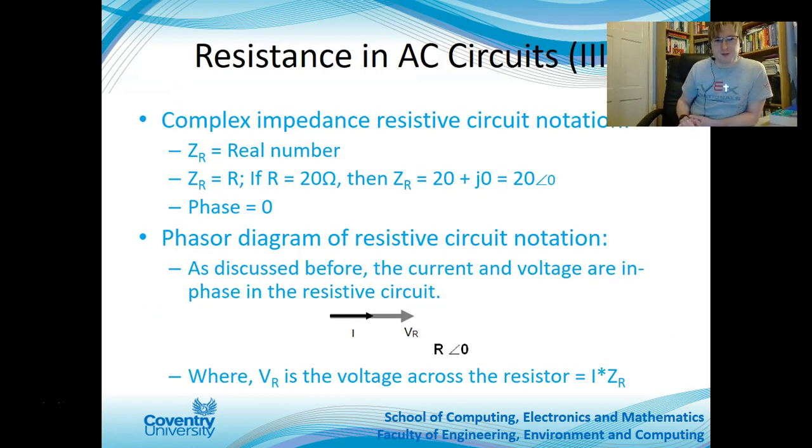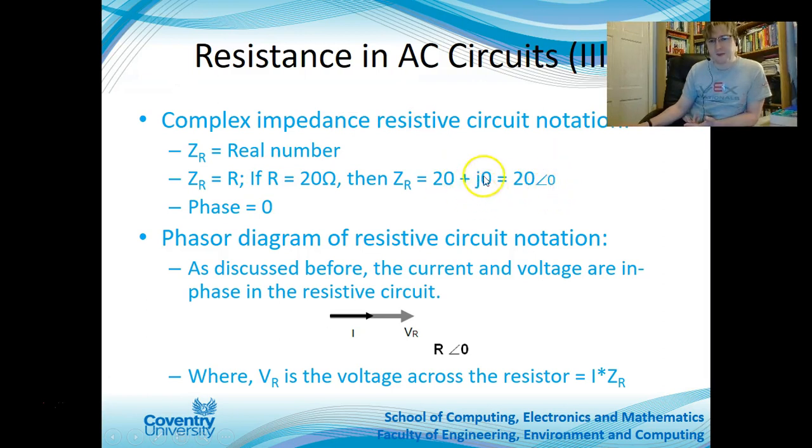So if you put it in complex impedance notation, then ZR, remember Z is our term for impedance, is equal to a real number, so ZR is just equal to R. So if resistance was equal to 20 ohms, then ZR would equal 20 plus j0, because there's no complex part, which is equal to 20 at a phase angle of 0.